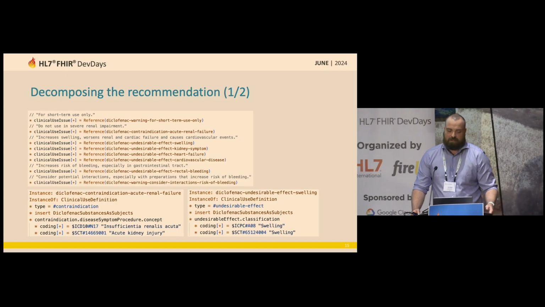And the previous bullet points, like for short-term use only, do not use in severe renal impairment, things like that, we can go and model warnings, contraindications, undesirable effects, all of these different types of clinical use definitions. So here, for example, we have a contraindication for the severe renal impairment and an undesirable effect for the swelling.